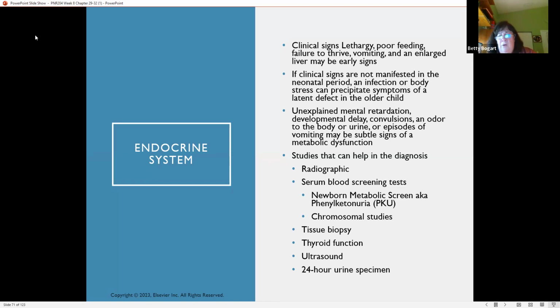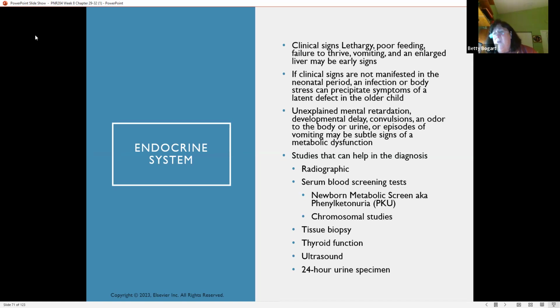Now, at birth, we do those PKU, those little circles, right? We're looking for metabolic issues. Now, if we're seeing that there's a problem, constipation, or that at 1 month they're not doing what they should be doing, we're going to be doing more metabolic things.